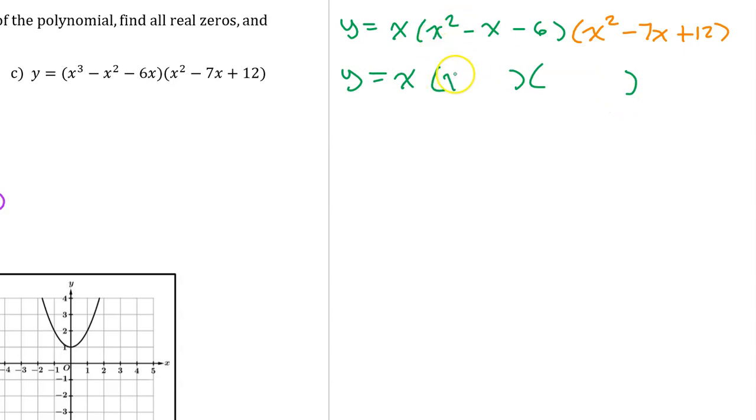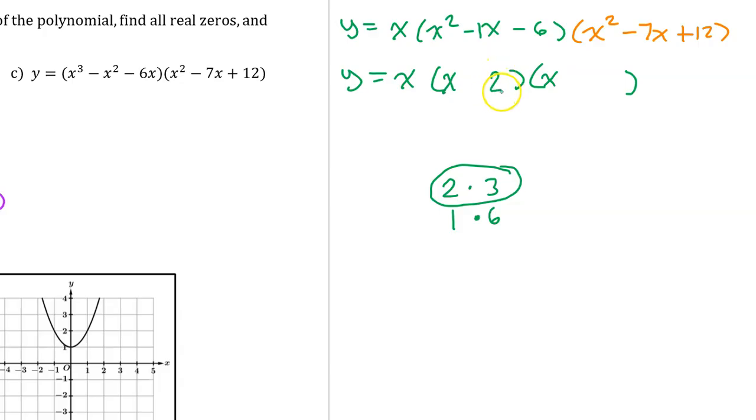X squared is x times x. 6 can either factor as 2 times 3, or it can factor as 1 times 6. So I am going to try the 2 and the 3. In fact, I always think to myself, inner plus outer equals middle. I'll come back to that in a minute. But since the middle is negative 1x, the pair that is able to make a 1 by addition or subtraction is probably the one to start with.